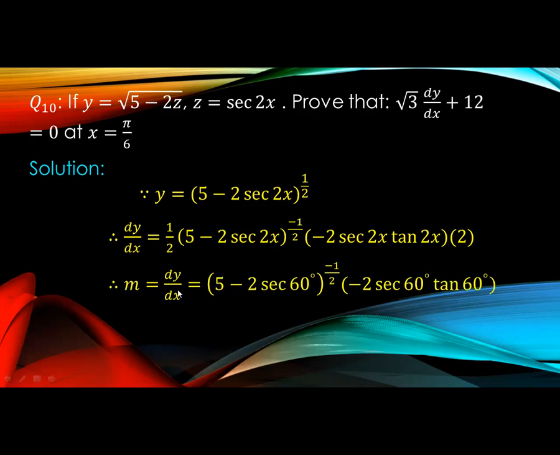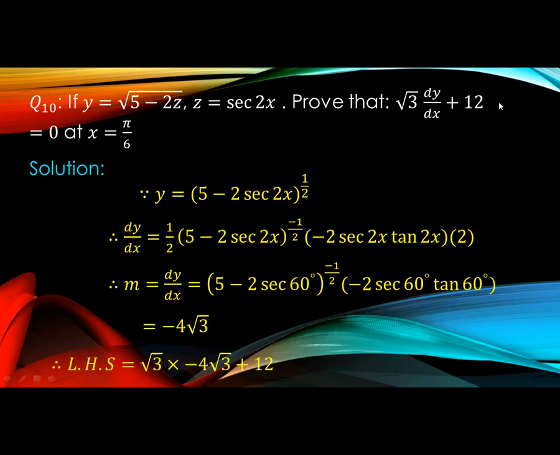So the slope m equals dy by dx equals (5 minus 2 sec 60 degrees) to the power negative half times negative 2 sec 60 tan 60 degrees. By using your scientific calculator, you can find the value of the slope, that is equal to negative 4 root 3.